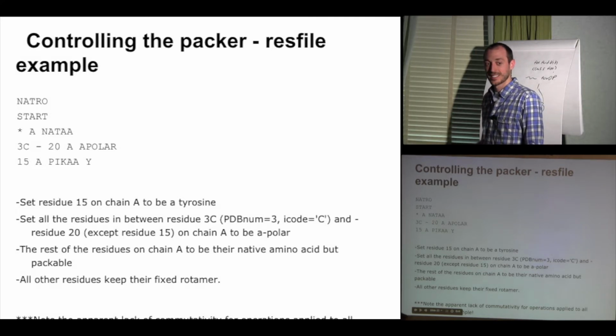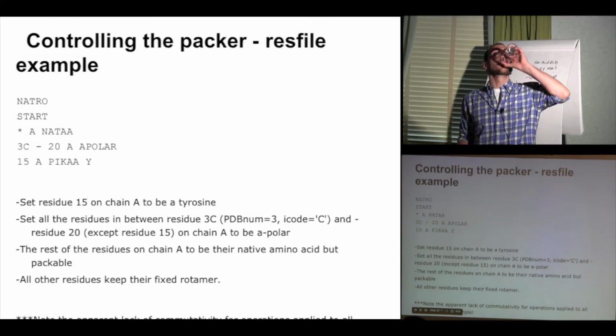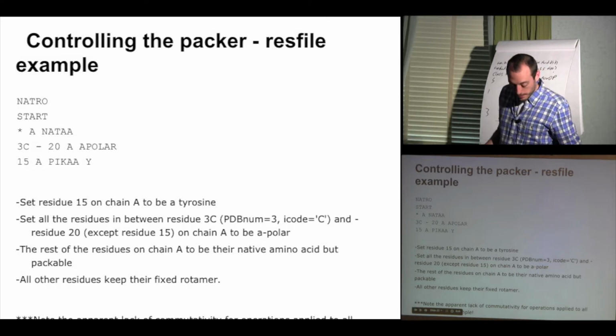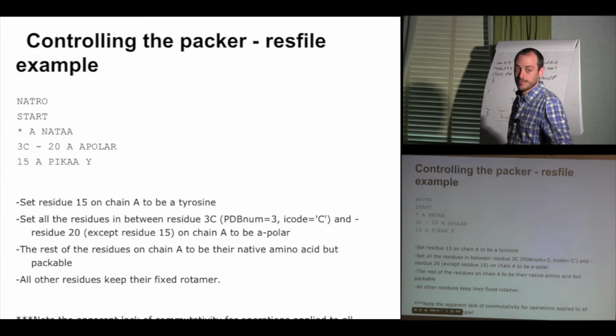So the deal is that the PackerTask has this commutativity requirement, right? If you call two functions in the PackerTask, it doesn't matter what order you call them. That doesn't apply anywhere else in Rosetta. It's kind of like the difference between, say, a close and a score function. They just have different rules they operate to.